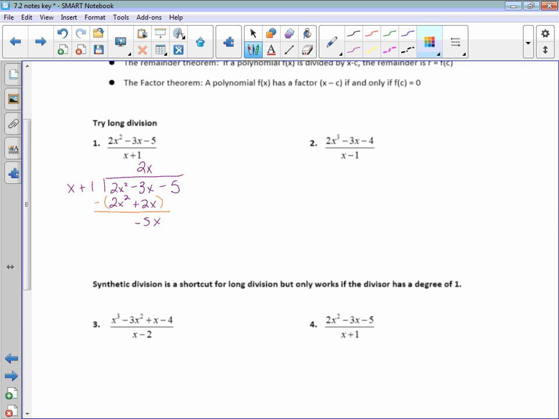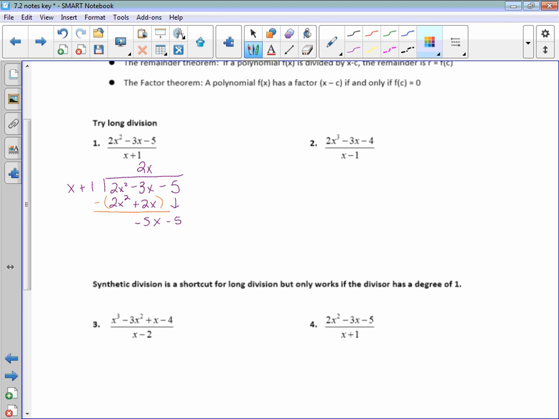This is where people make the mistake. They're subtracting, so it's minus 2x. Okay, then we bring down our next number, so bring down minus 5. Just x's, it makes it a little trickier.